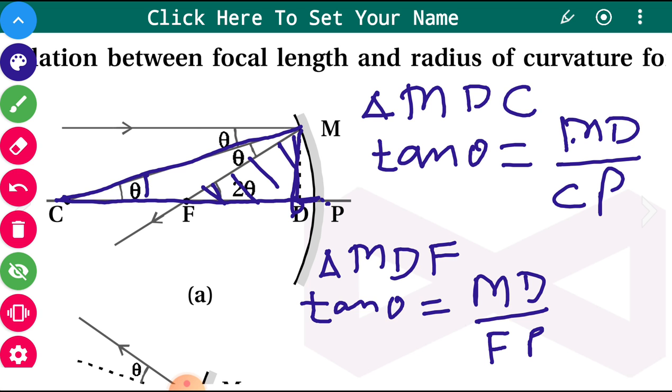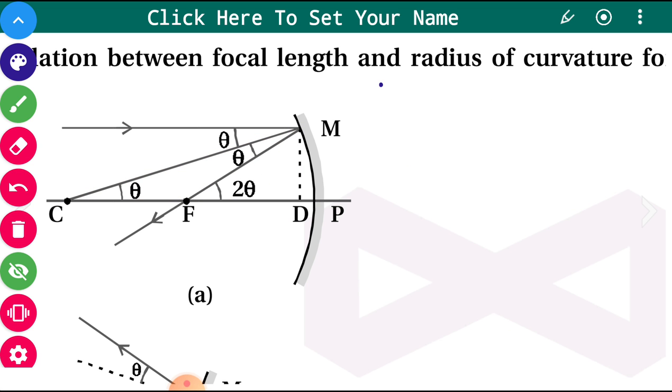So theta is equal to tan theta in radian for very small angle. So we can easily write tan theta equivalent to theta, as theta is very small.